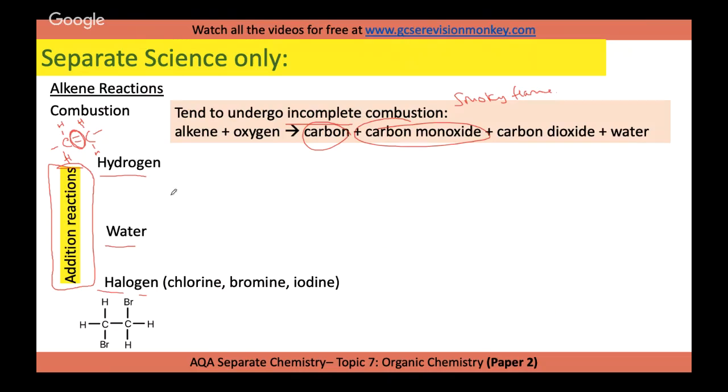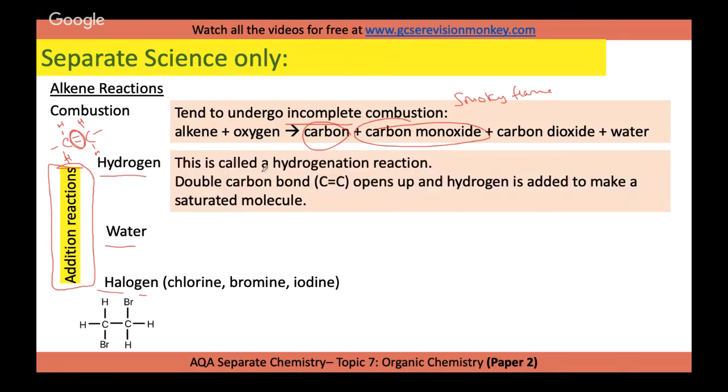So for example, in addition of hydrogen, that's called hydrogenation. The double carbon-carbon bond opens up and hydrogen is added to make it a saturated molecule. Whilst it's got the double bond, it is unsaturated, and then we open up the double bond, adding the extra bonds, making it saturated again.